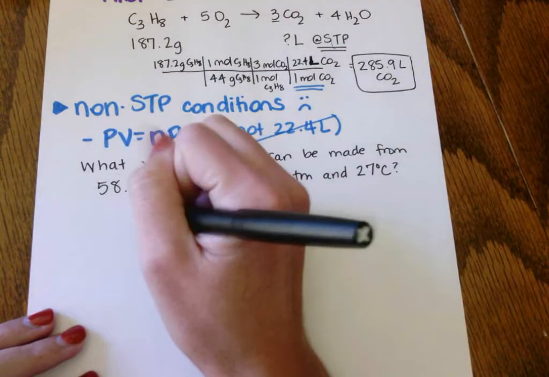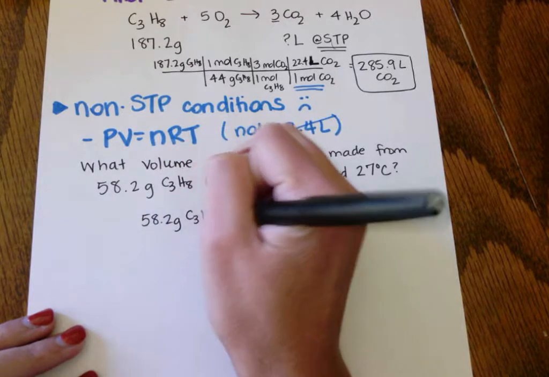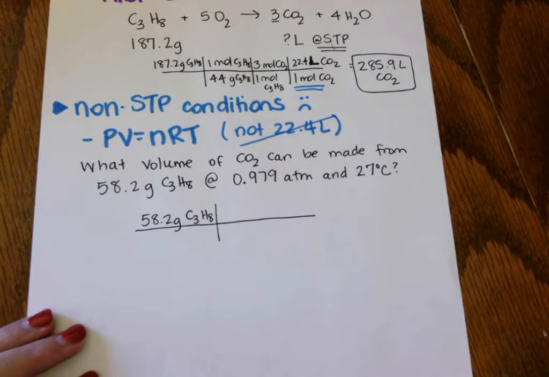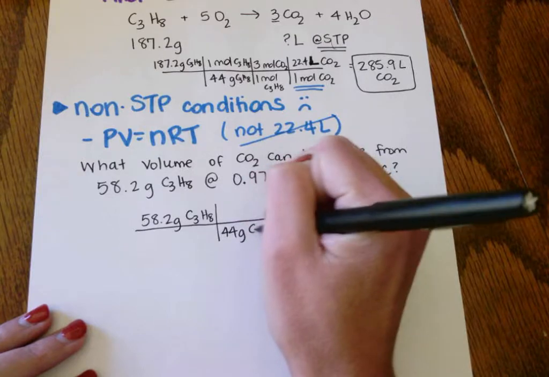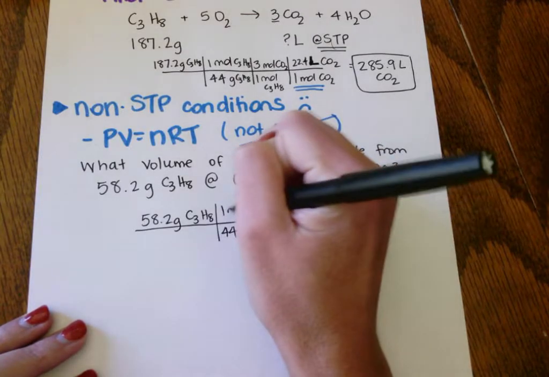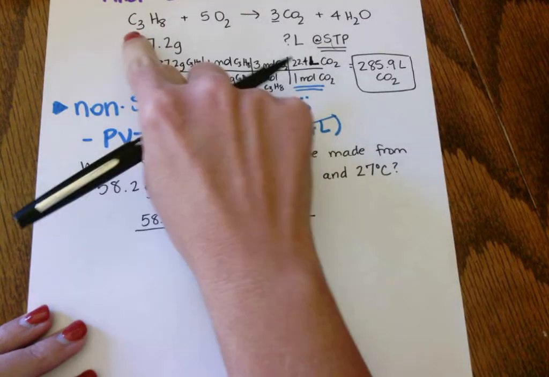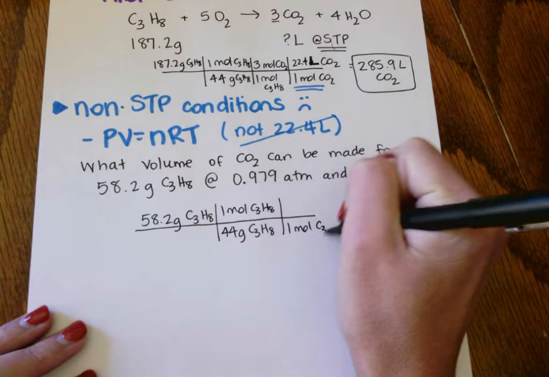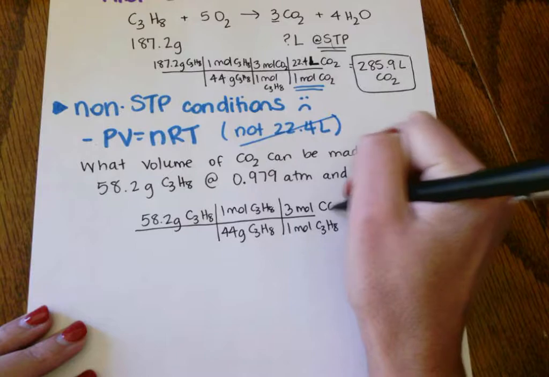So I'm going to still start this problem the same way, 58.2 grams of C3H8. Mass will go into a T-chart every single time. And that still weighs 44 grams of propane in 1 mole. And they are still in a 1 to 3 mole ratio. So for every mole of propane, we make 3 moles of carbon dioxide.